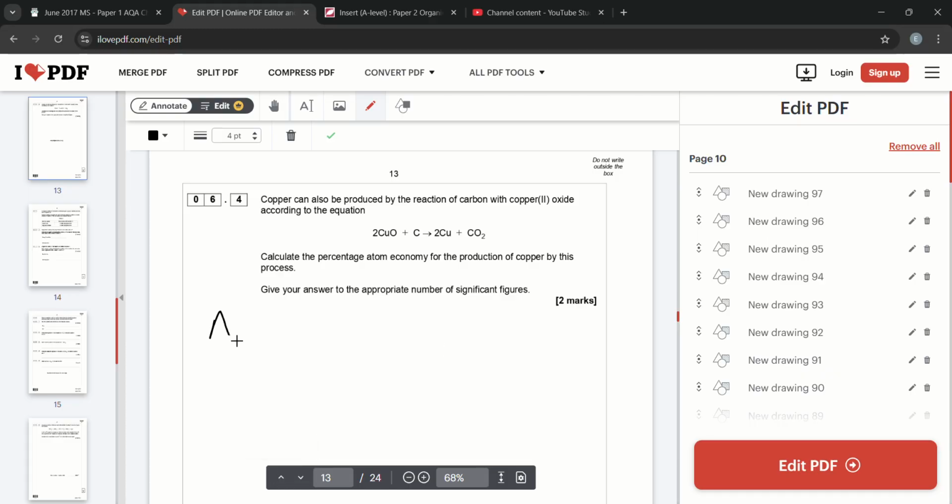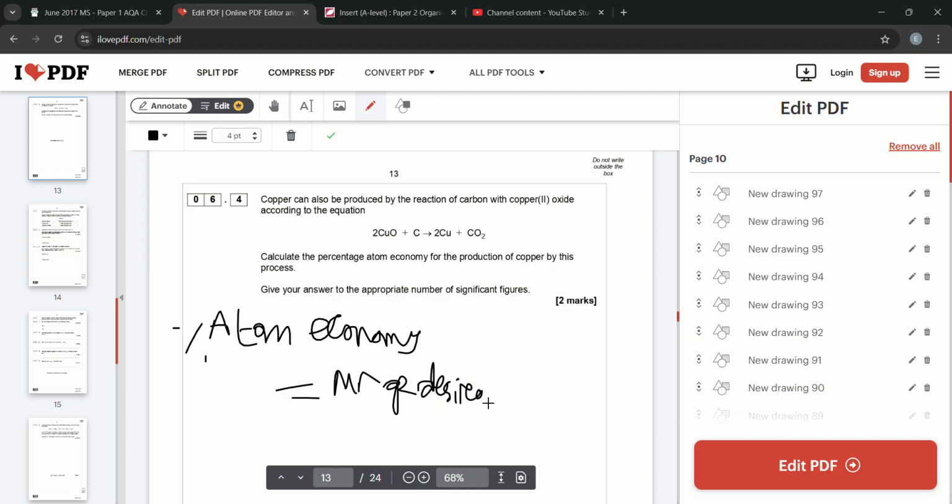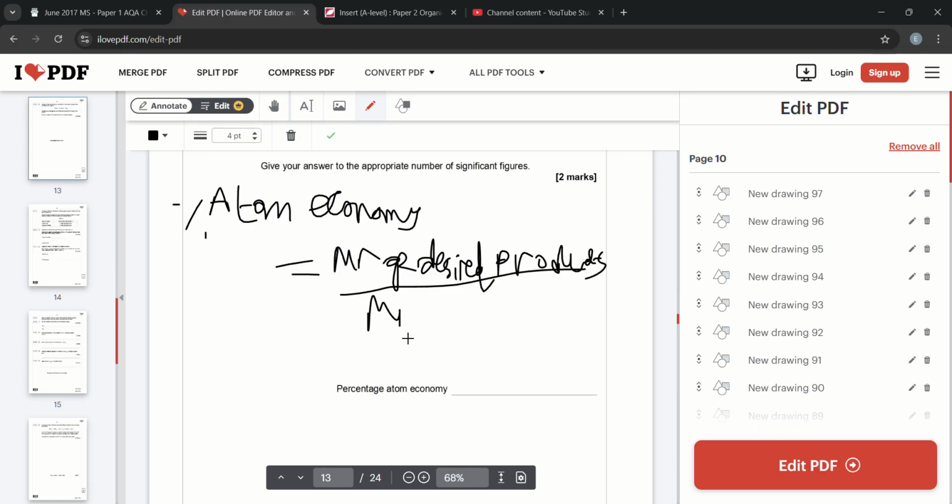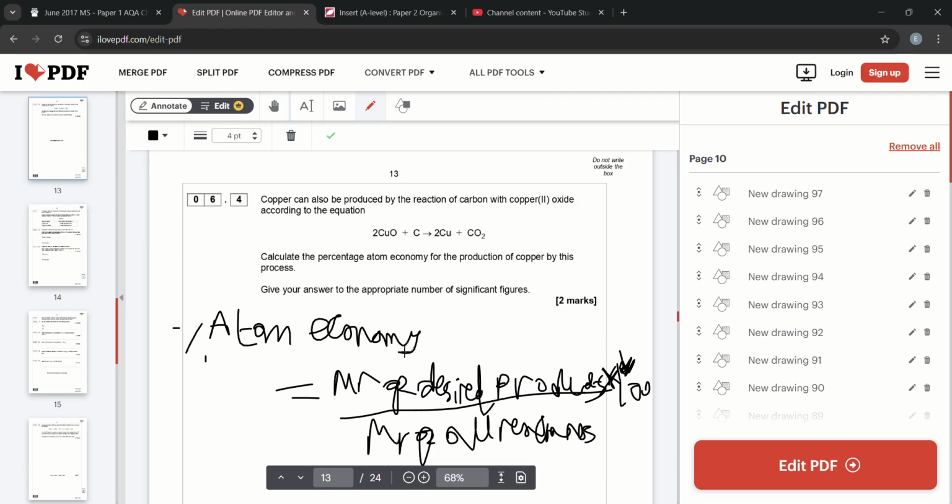Well, percentage atom economy equals Mr of desired products all over Mr of all reactants, times by 100.